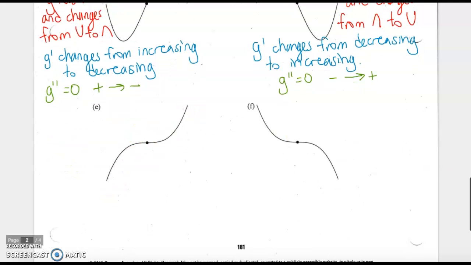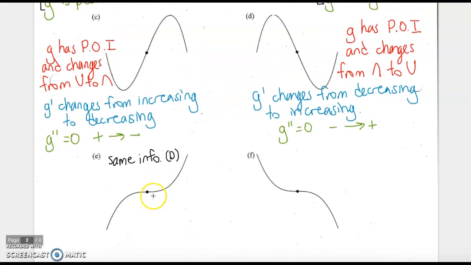So you can say all the same info as for part D, right? Because here I still have a point of inflection where my graph changed from concave down to concave up. So all of this still applies to this piece of information here.